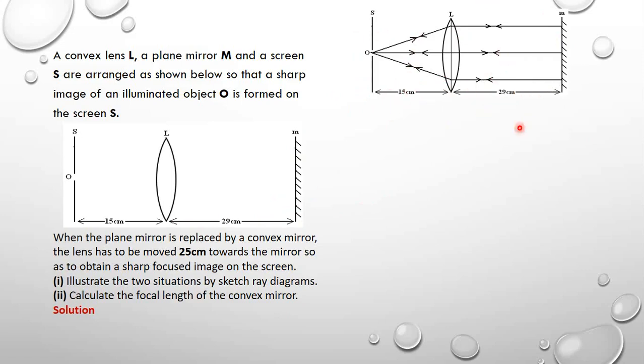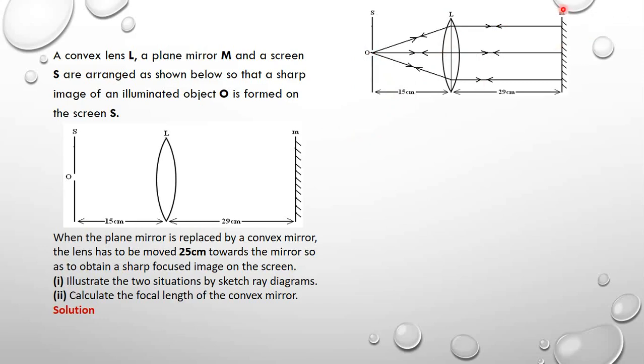From the theory, we need to recall that when parallel rays of light meet the lens, or rays from infinity meet the lens, they are always converged to the principal focus. So this position O, the position of the screen, is going to be the principal focus of this lens. So it implies that this 15 is going to be the focal length of that lens.